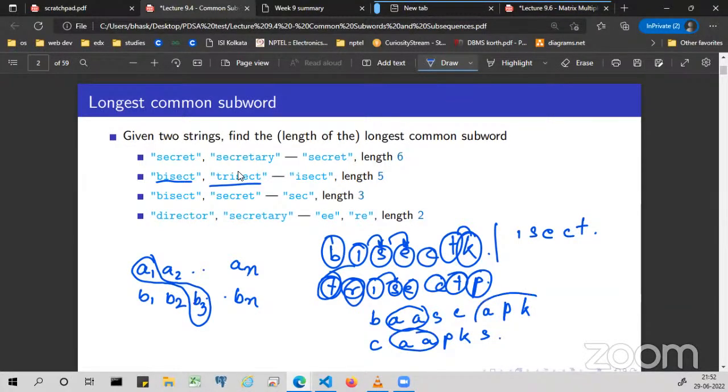Also I can see APK is also a subword. And AAS is not there. So basically there are two possible subwords, APK and AA. At least I cannot figure any other. So you have to check and tell: APK has 3 characters, AA has 2 characters. So my answer should be 3. The longest common subword is what we have to find.